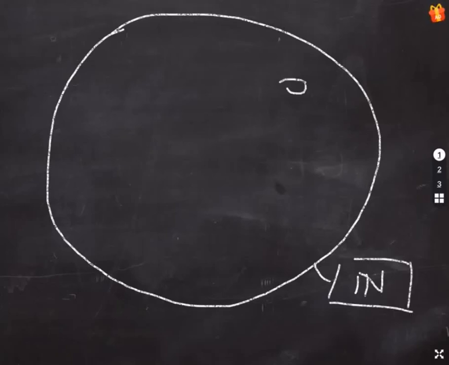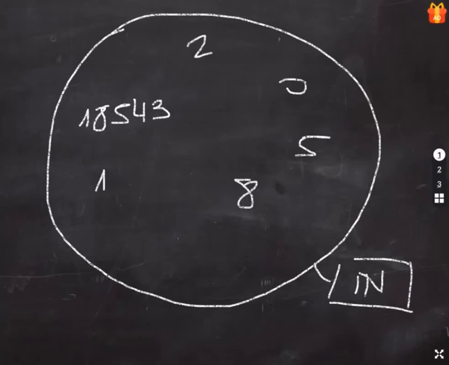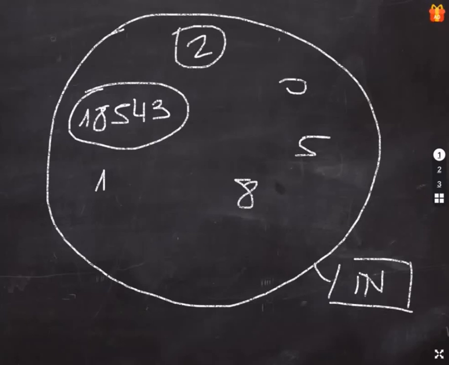So 0, 8, 5, 1, 2, etc. Now, each individual natural number, like 2 or 18,543, is finite, but the set itself is infinite.